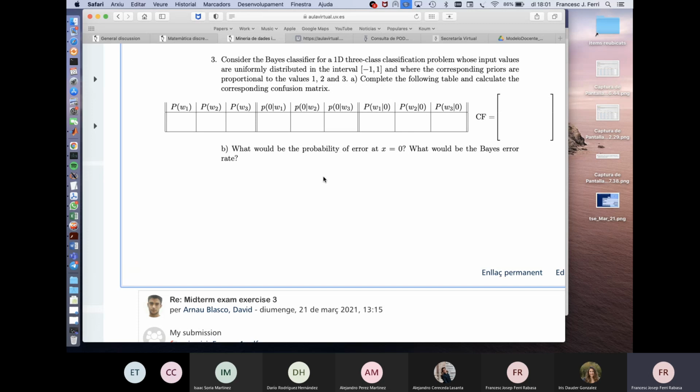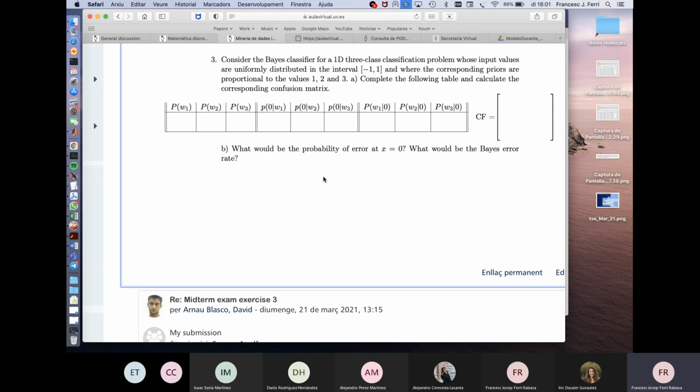But now we have three. Bayes decides the maximum. What is the probability of the error? That the input comes from either class 1 or class 2 with the corresponding probability. You don't need any formula to answer this.